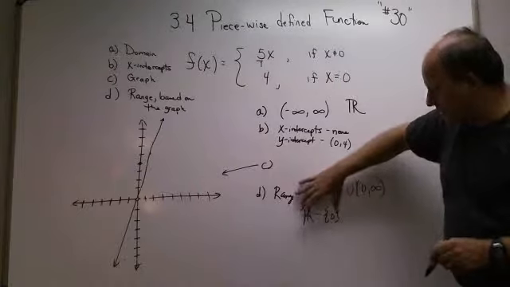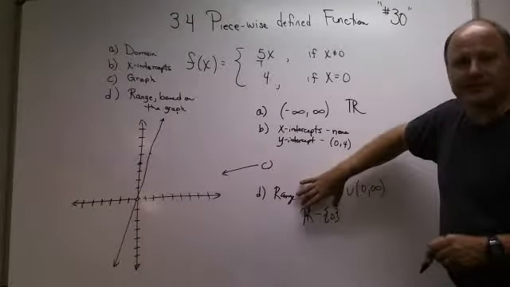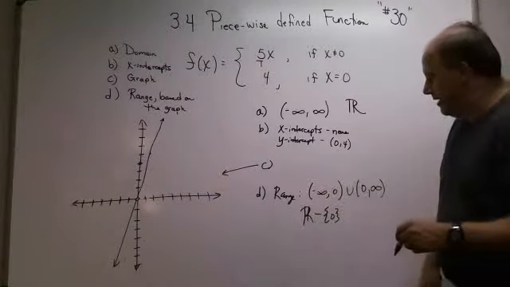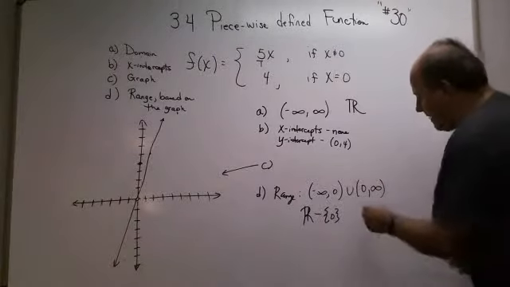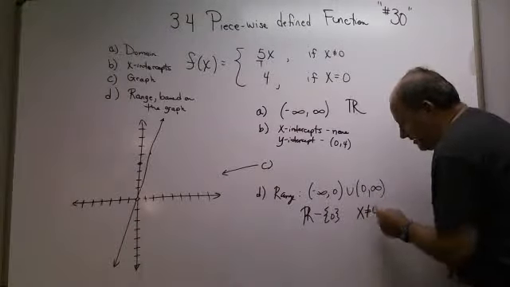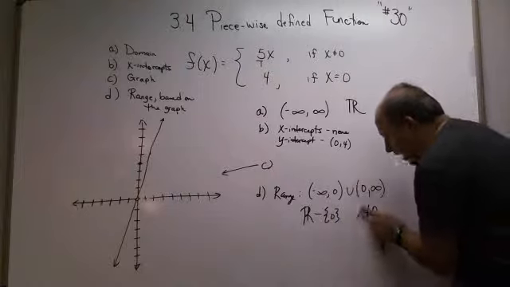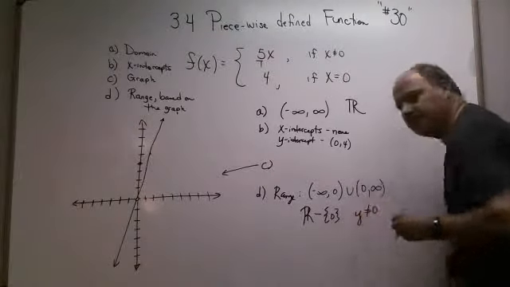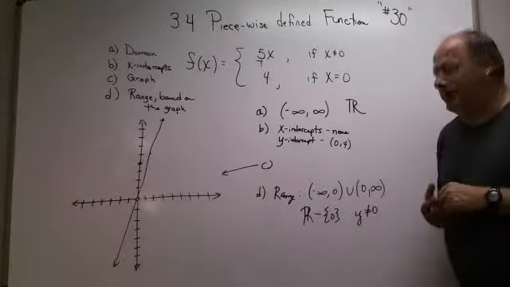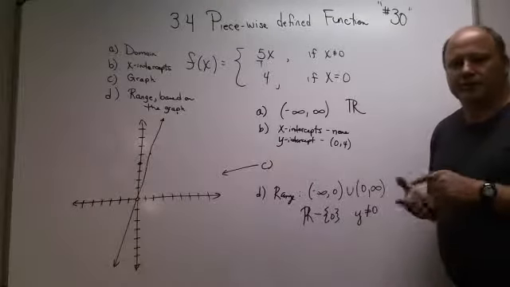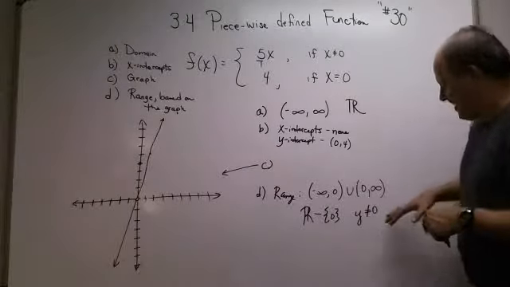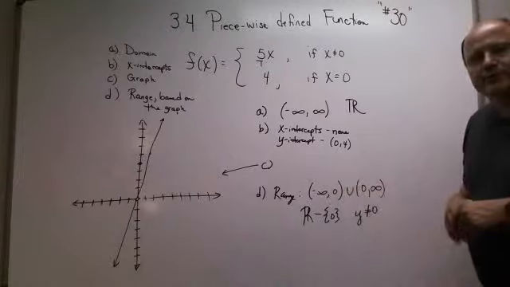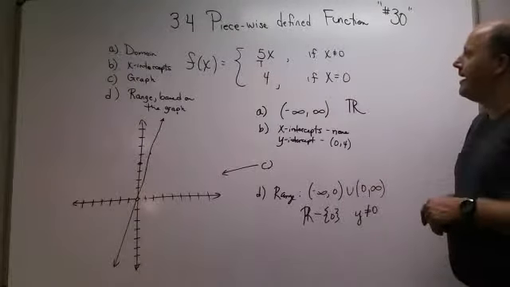For the rest of you, you can just put all real numbers not equal to 0. The MyMathLab people might have the option y not equal to 0. Either one of these would do. Okay, and that's it.